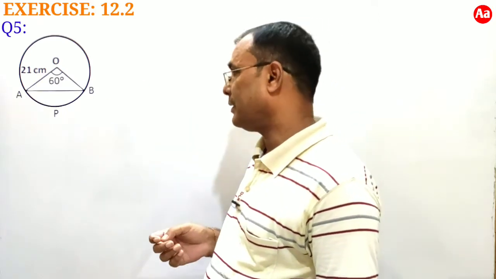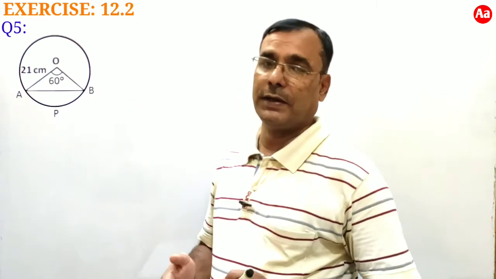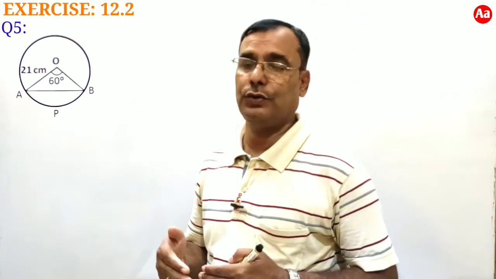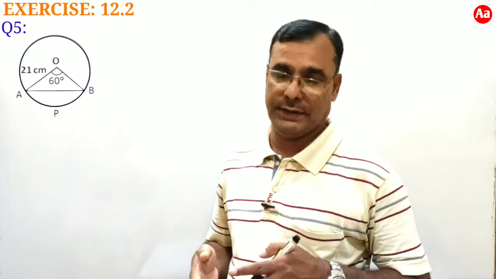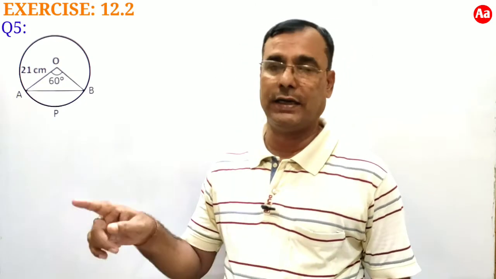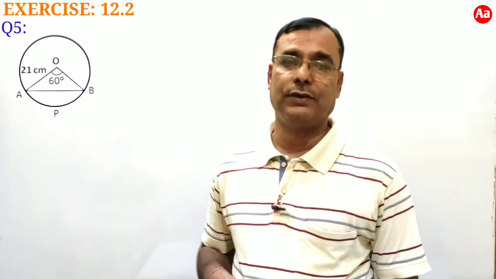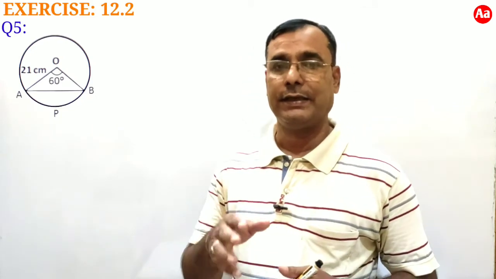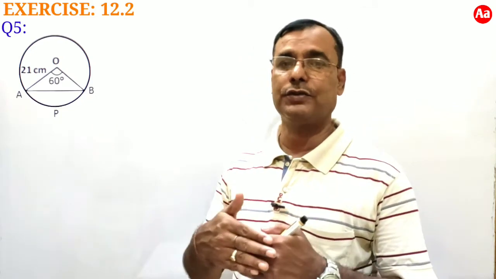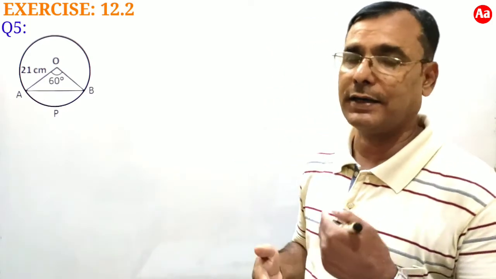APB is the arc and APB is the corresponding segment enclosed between the chord AB and the arc APB. We have to find the length of the arc APB, the area of the sector OAPB, and the area of the segment APB enclosed between the chord AB and the corresponding arc APB.